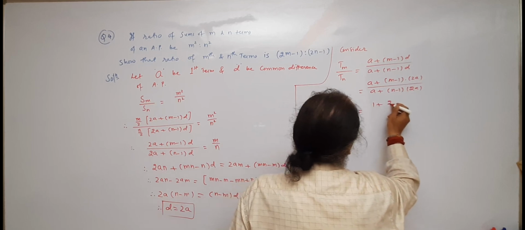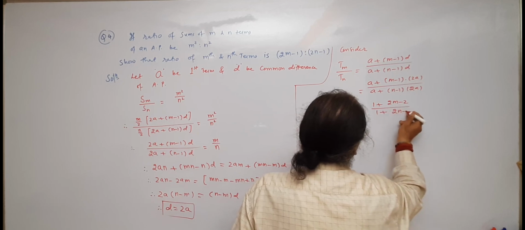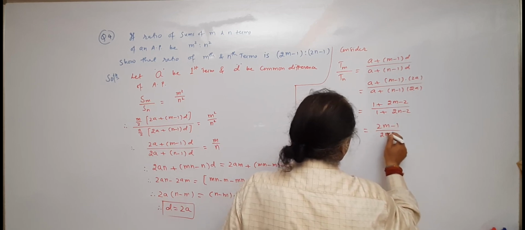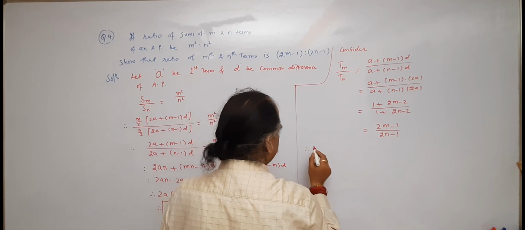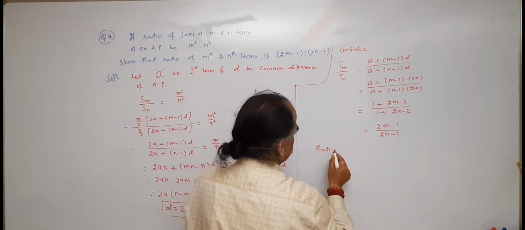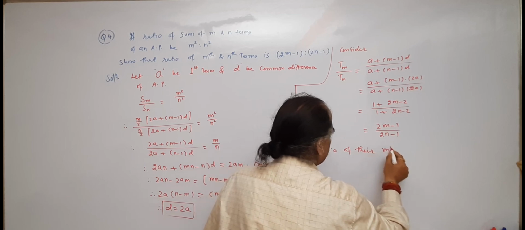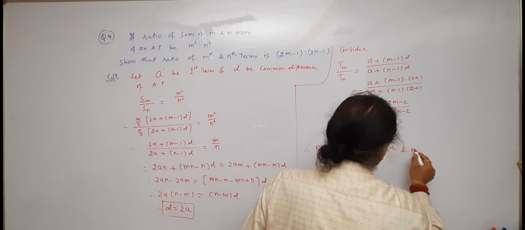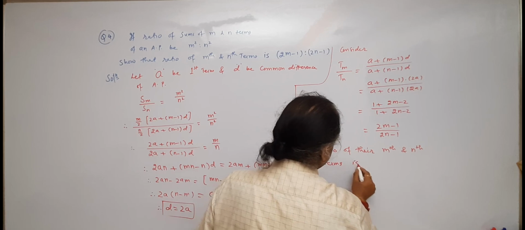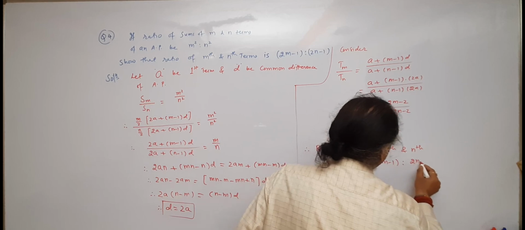So 1 plus 2m minus 2 divided by 1 plus 2n minus 2. So 2m minus 1 upon 2n minus 1. Therefore the ratio of their mth and nth term is 2m minus 1 is to 2n minus 1.